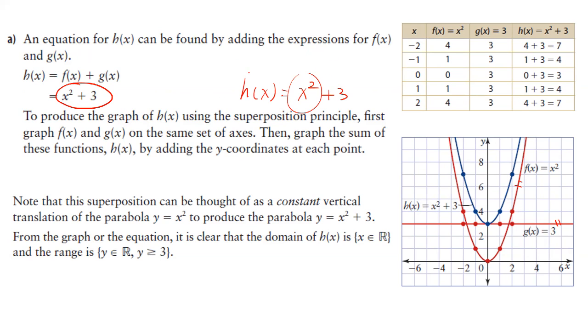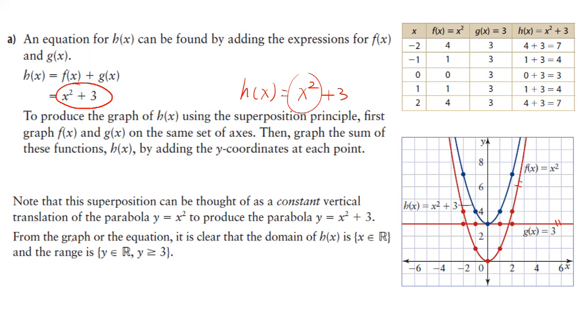So we can also directly draw the sketch of h(x) by analyzing the expression of h(x). And therefore, note that this superposition can be thought of as a constant vertical translation of the parabola y equals x squared to produce the parabola y equals x squared plus 3.